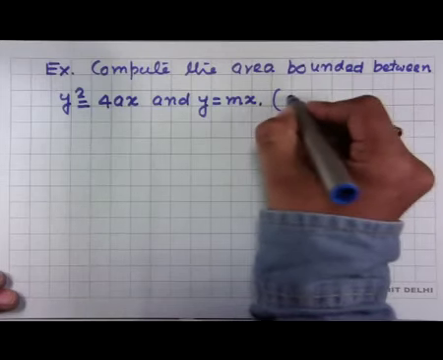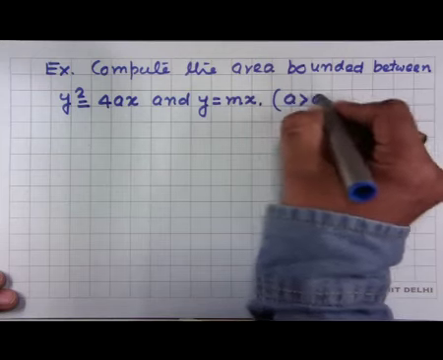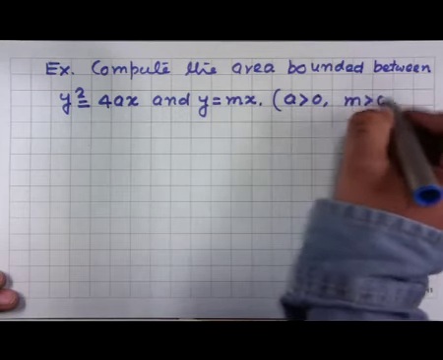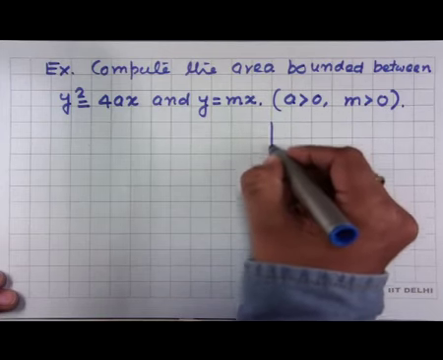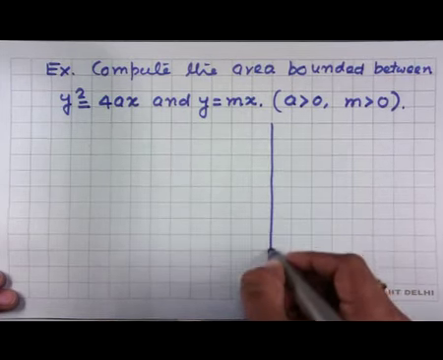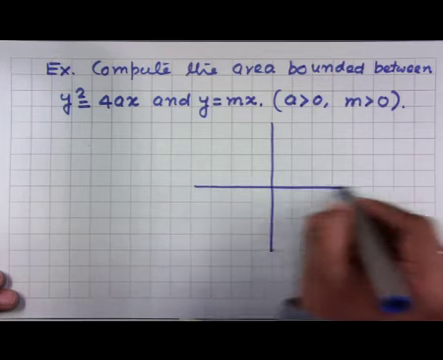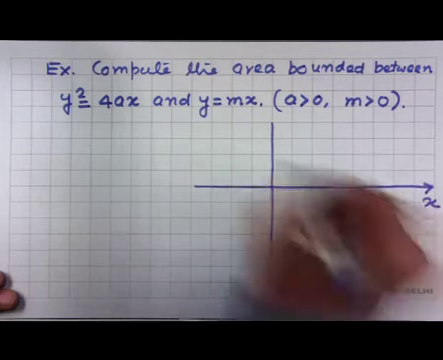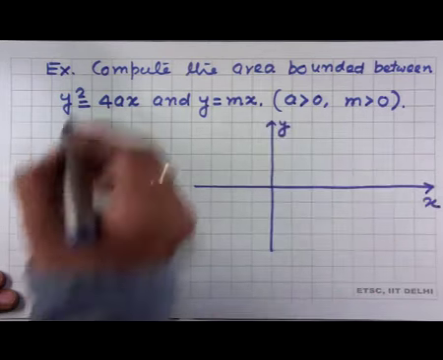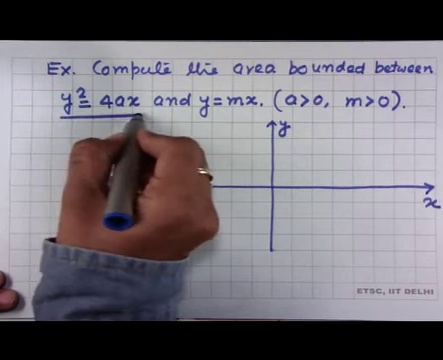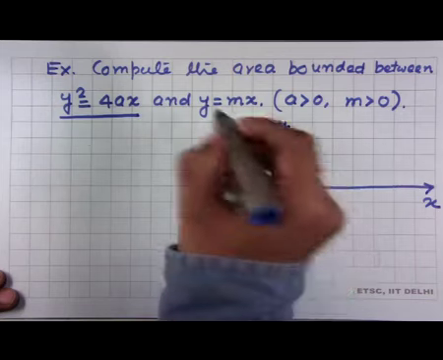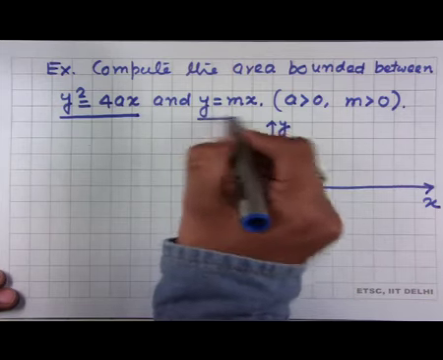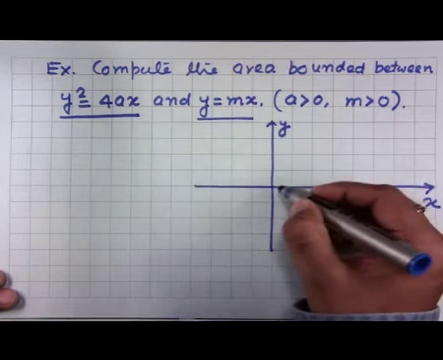Here it will be good if you assume a positive and m positive, so that we can plot both the curves given. So, if this is your x axis and this is your y axis, y square equals 4ax is a parabola whose vertex is 0, 0, and y equals mx is a line passing through the origin.